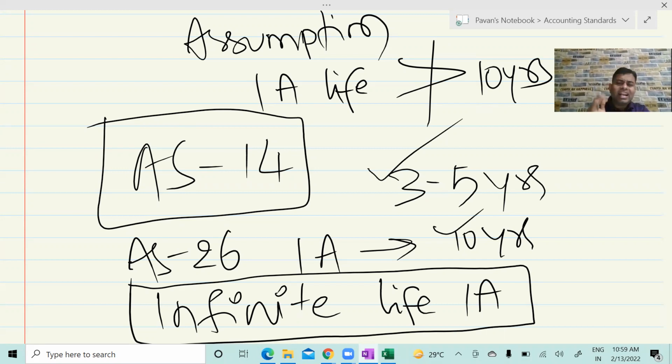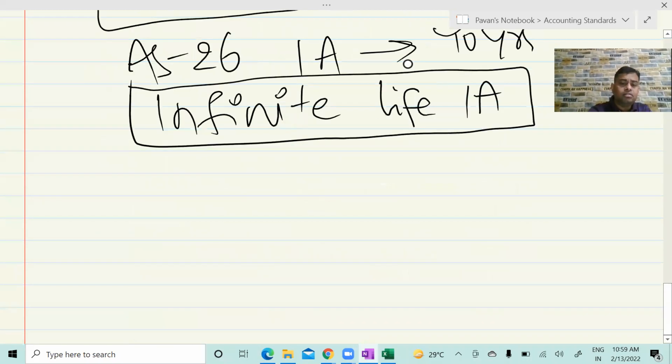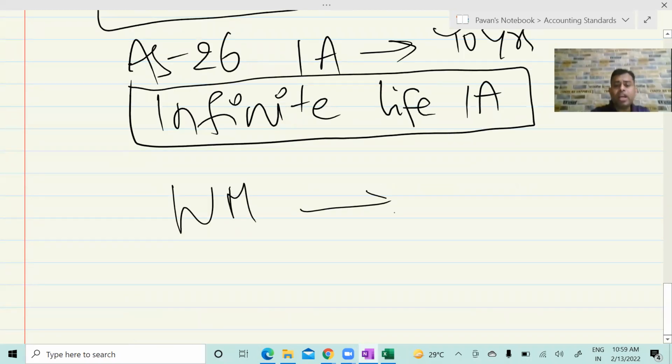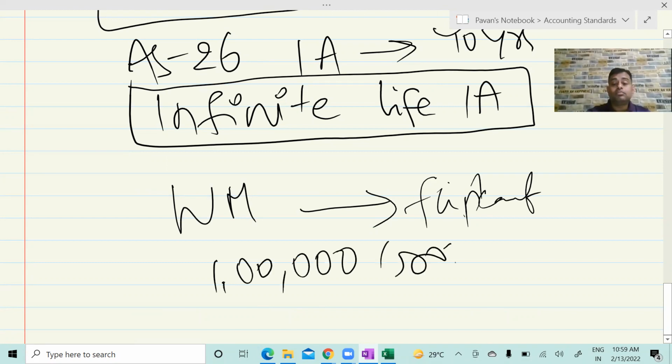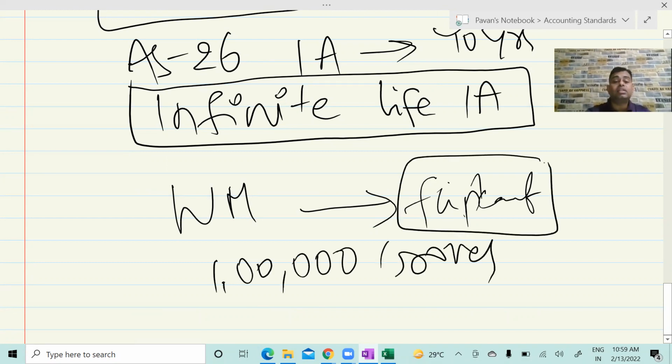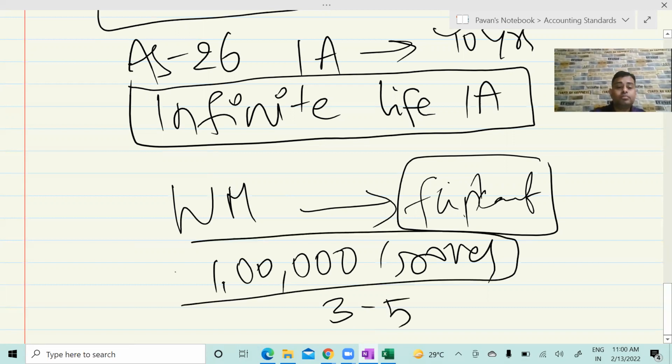There is a problem with this. For example, Walmart acquired Flipkart. So they paid 1 lakh crores goodwill. Now Flipkart is the brand owned by Walmart. How many years do you think you can get the benefit? Do you think in 3 to 5 years, this 1 lakh crores is to be written off?